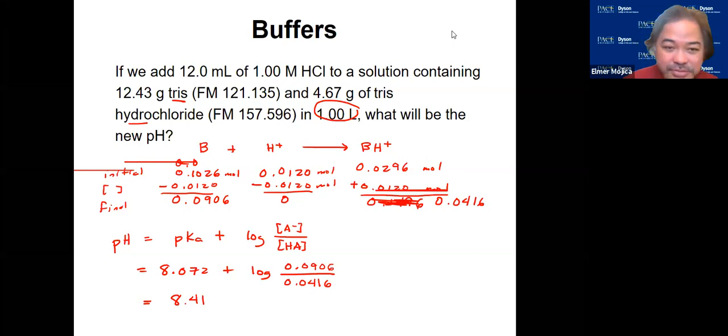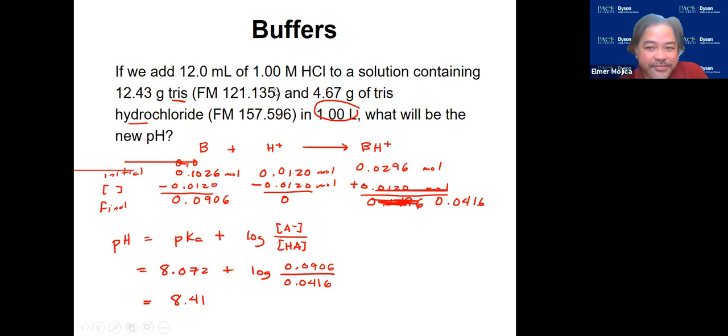The pH would be 0 because it will be made up of what? The 1 molar HCl. Okay? Since if it's just HCl, it's just going to be 0 because negative log of 1 is 0.